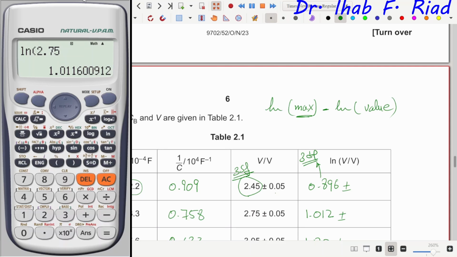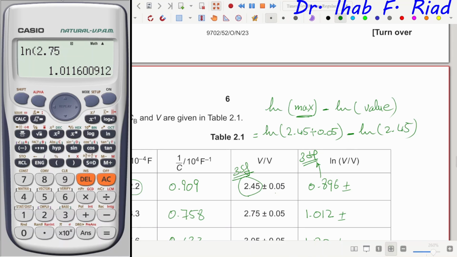So it is going to be ln of 2.45 plus 0.05, minus ln of 2.45. This is how you calculate the absolute uncertainty in the ln function. And if it is a log function, it is the same thing, just using the log function instead of ln.